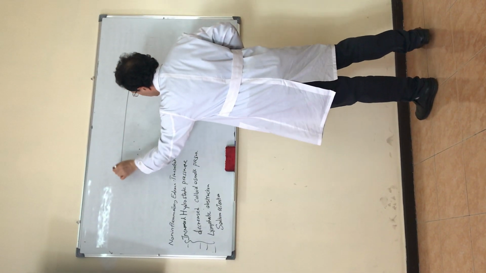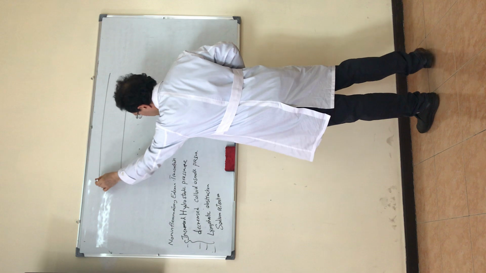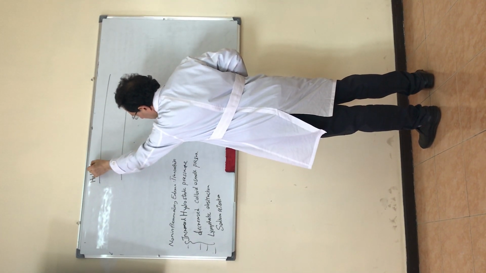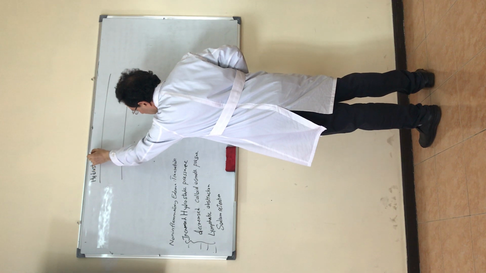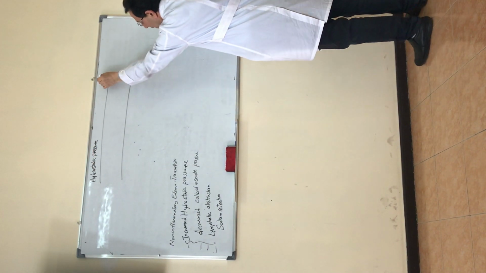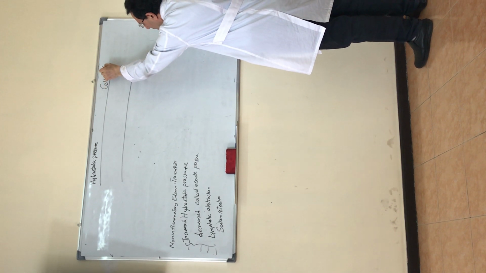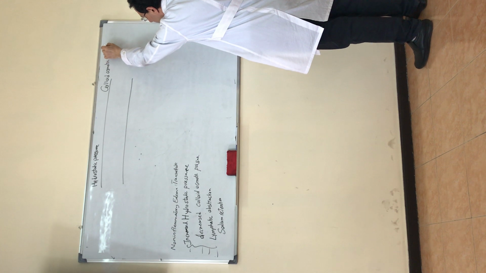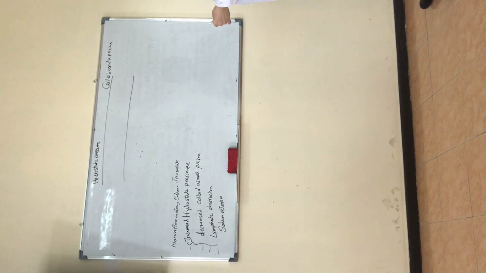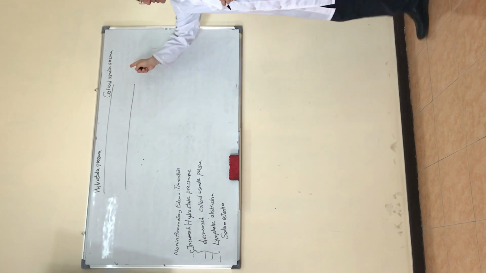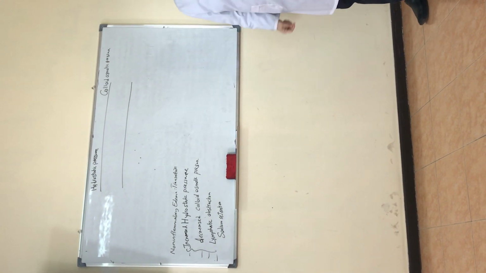In a vessel, there is a balance between hydrostatic pressure and colloid osmotic pressure. There should be a balance between these 2 types of pressures in order that we don't have edema.